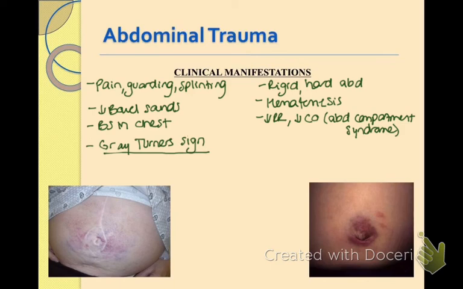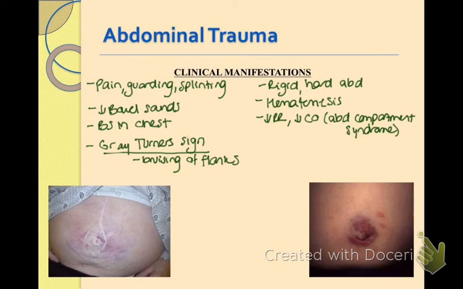Gray Turner sign is what you see right here, this kind of bluish discoloration. It's around the belly button. You can also see it right here. That's Gray Turner sign. I'm sorry, that's Cullen sign. Gray Turner sign is bruising on the flanks. So that would be on the sides, and I don't have a picture of that.